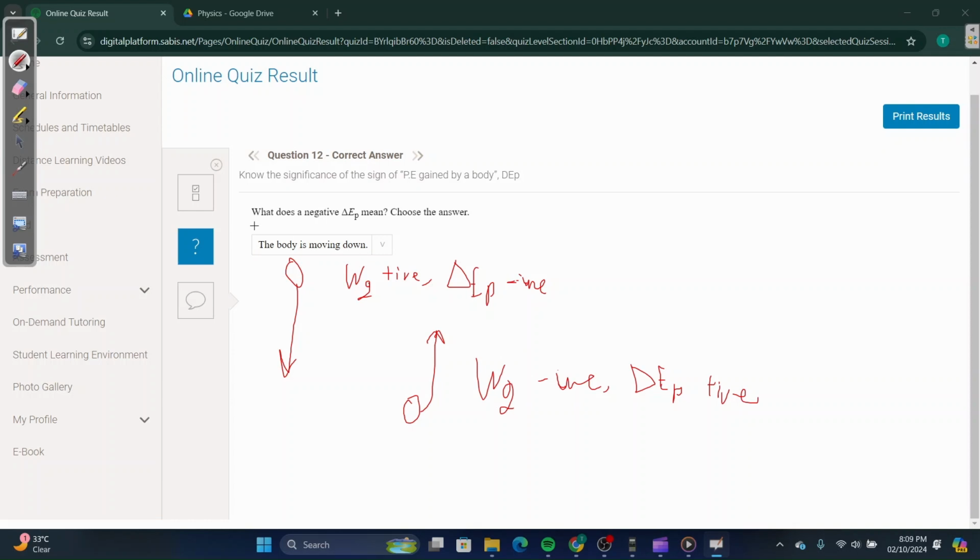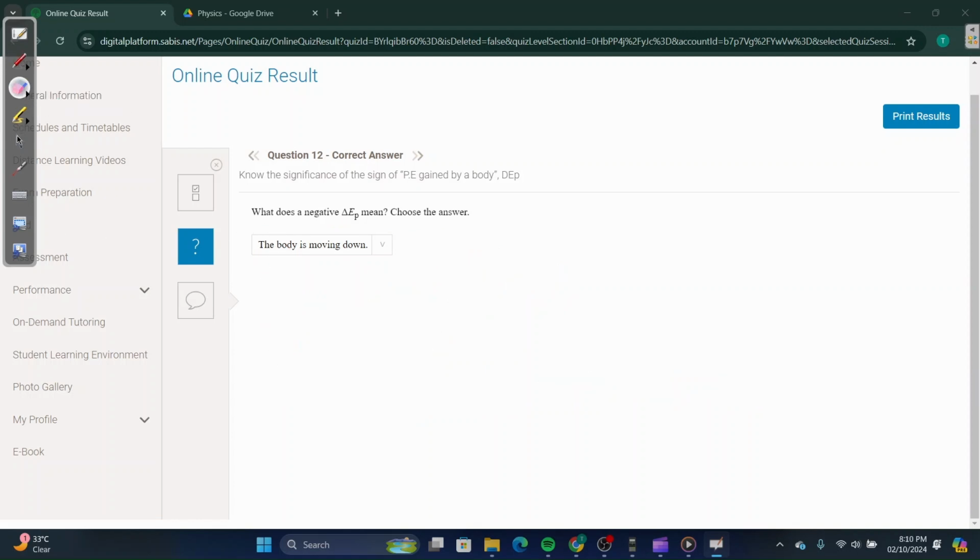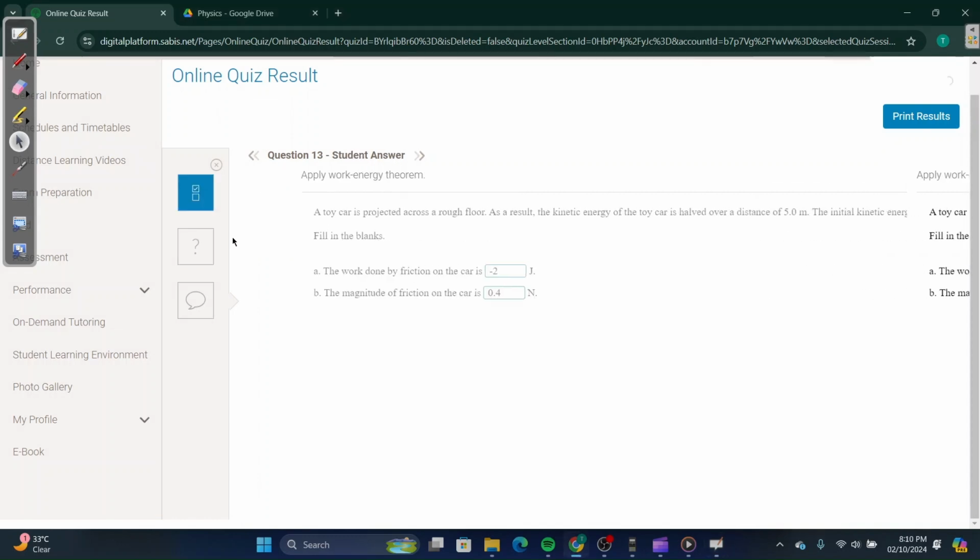Here they're telling you negative delta EP, so that means the body is moving down. It's going with gravity. Again, these two are inverse.